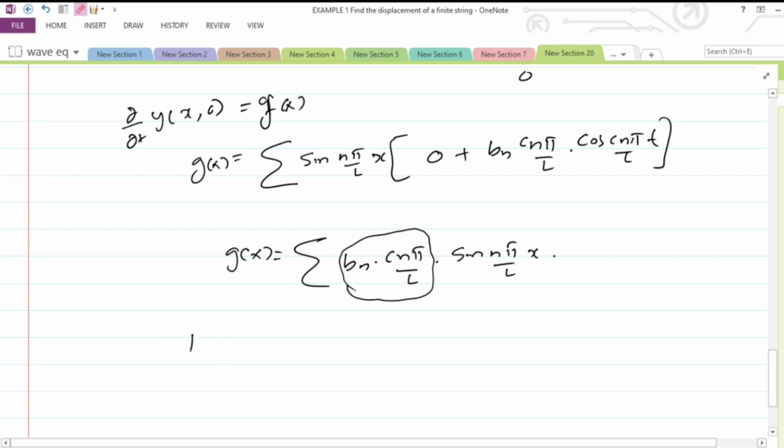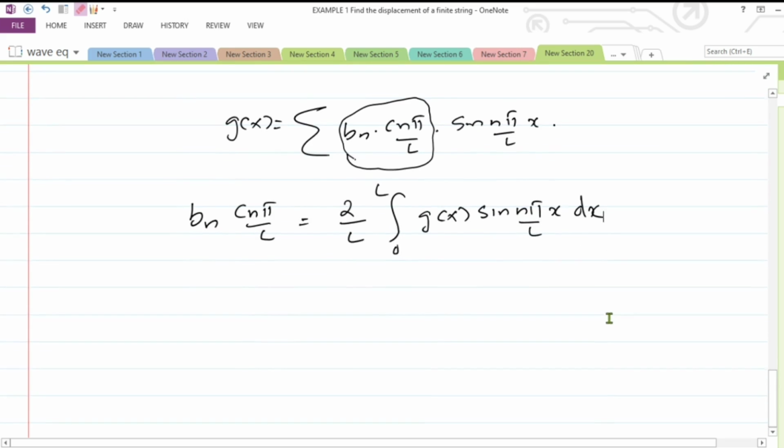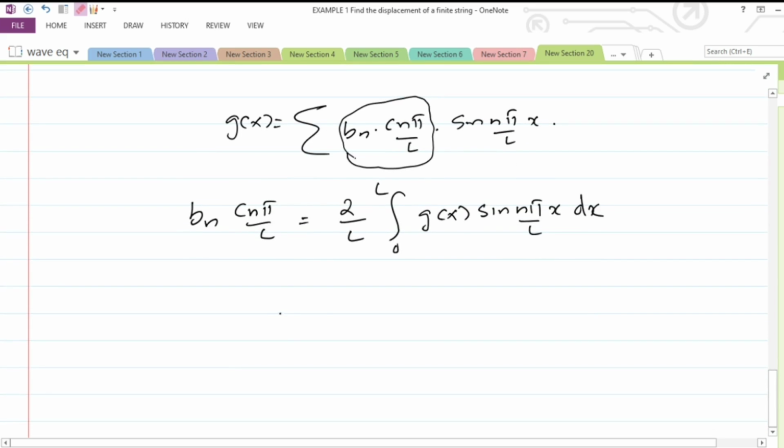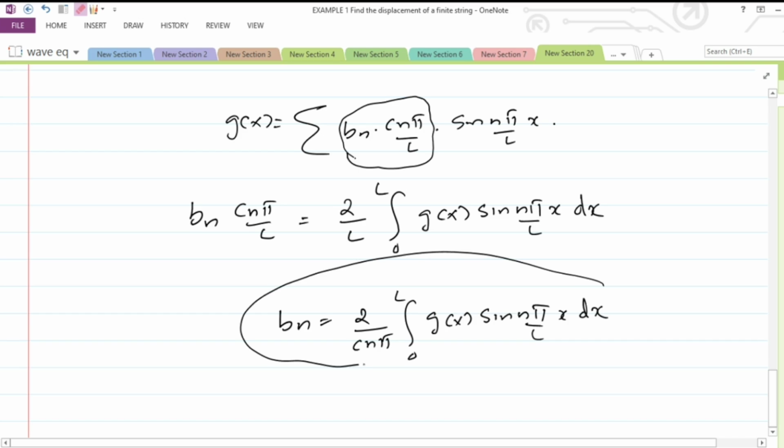So we can estimate the coefficient bn into cn pi by l by using the half range Fourier series, that is 2 by l into the integral 0 to l g of x into sine n pi by l x dx. By rearranging the terms, we get bn is equal to 2 by cn pi times the integral 0 to l g of x into sine n pi by l x dx. So for a general function, bn is equal to this.